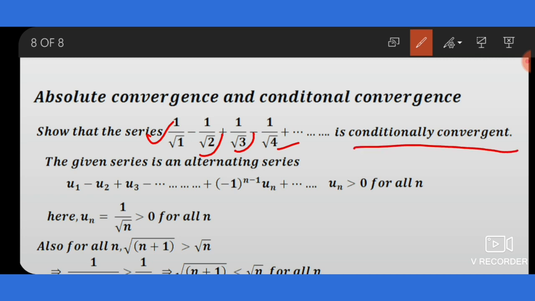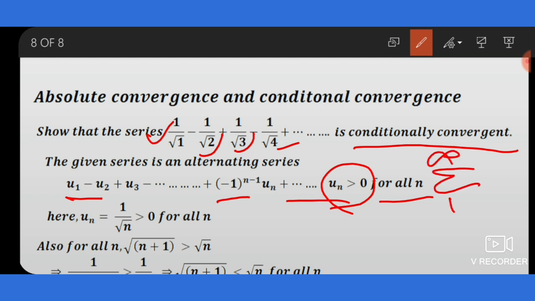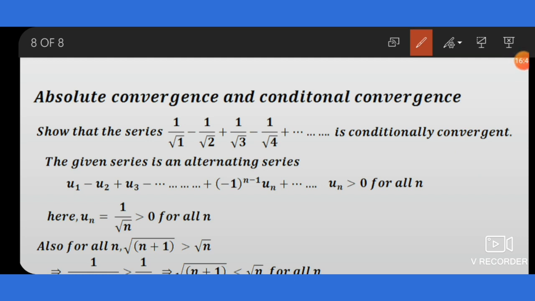The given series is an alternating series u1 minus u2 and so on, minus 1 to the power n minus 1 un plus so on, where un is greater than 0 for all n. It can be written as summation from 1 to infinity of (minus 1) to the power n minus 1 un. We take the nth term of the given infinite series, so un equals 1 upon root n, which is greater than 0 for all n.